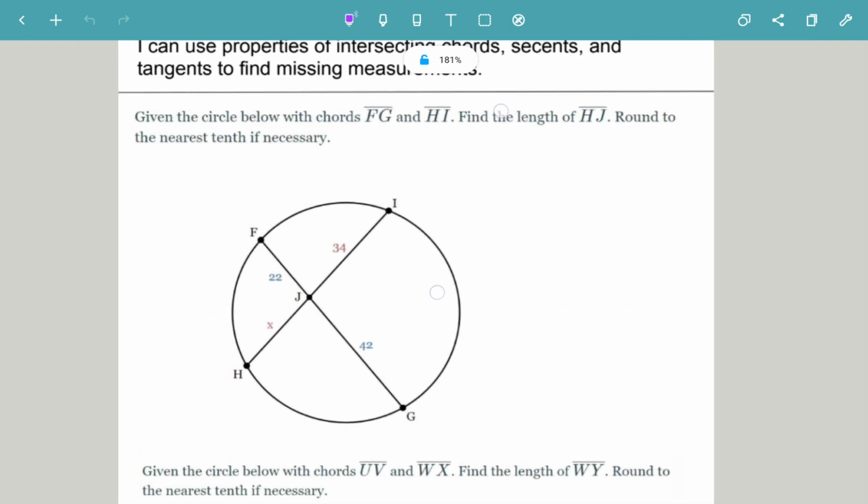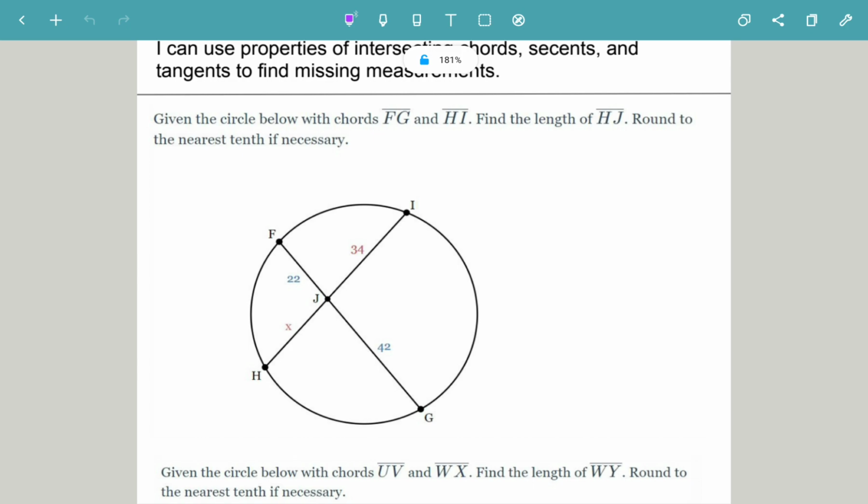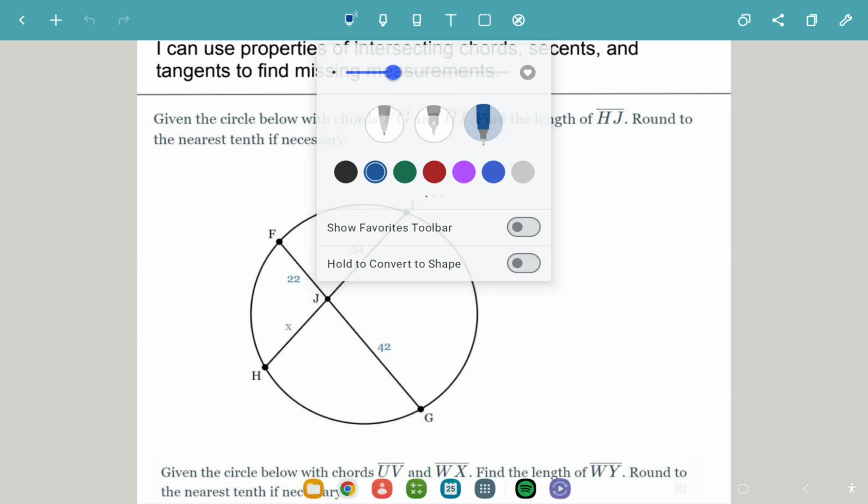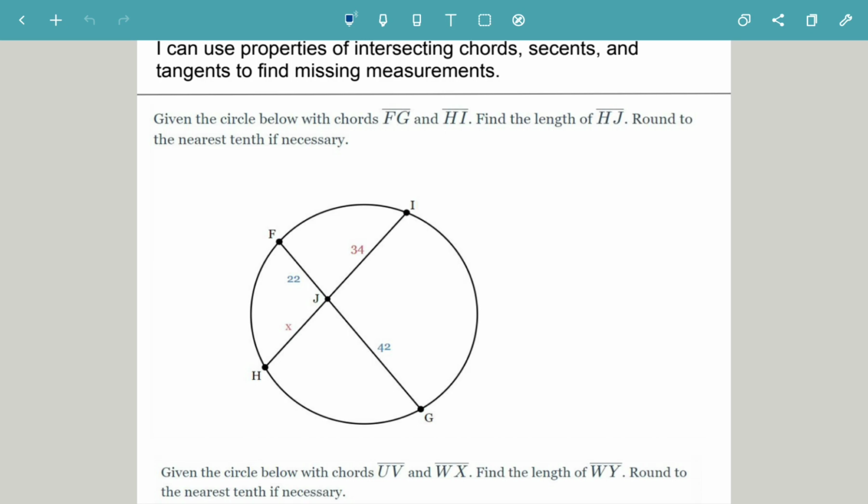Here's a couple more practice problems. Feel free to give these a start on your own. Okay, so this first one, we have chords FG and HI. Find the length of HJ. So FG could be split into FJ and JG.